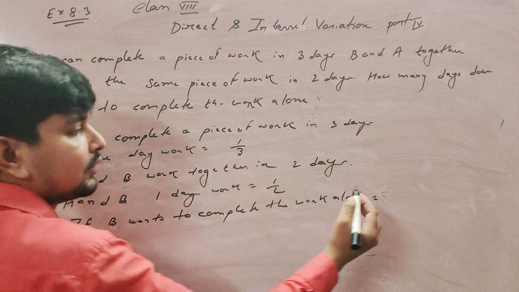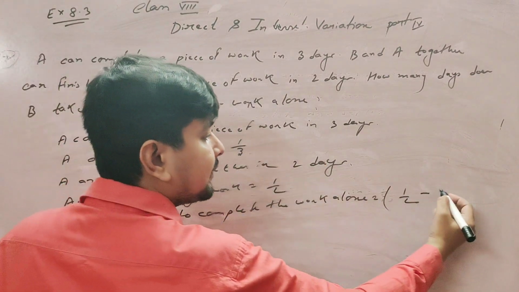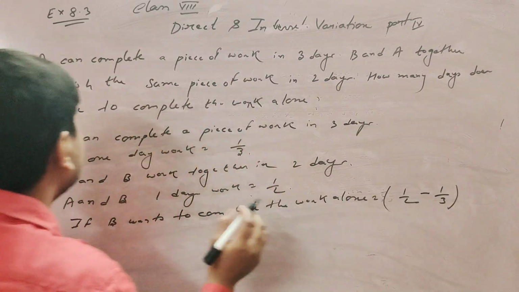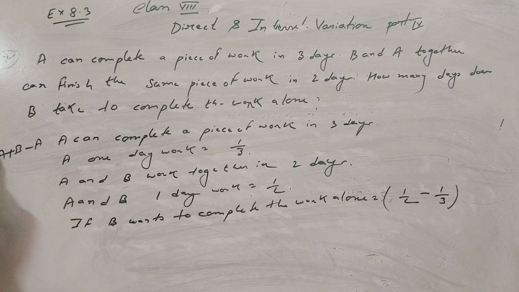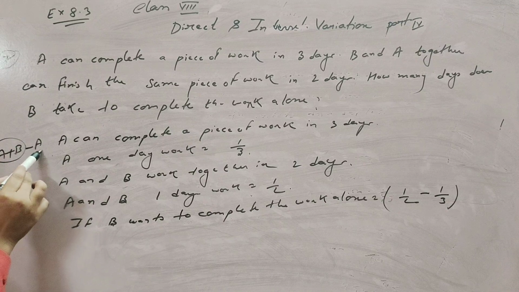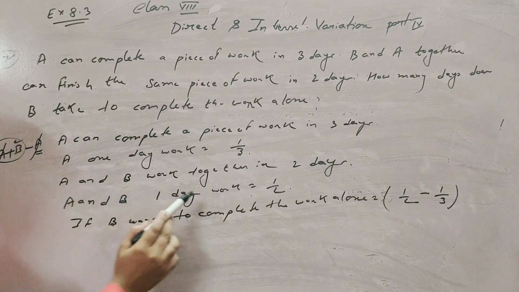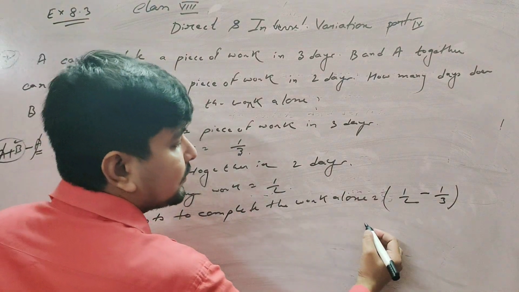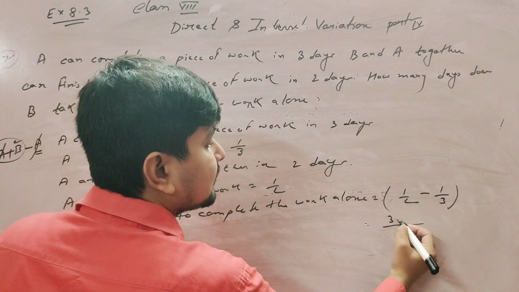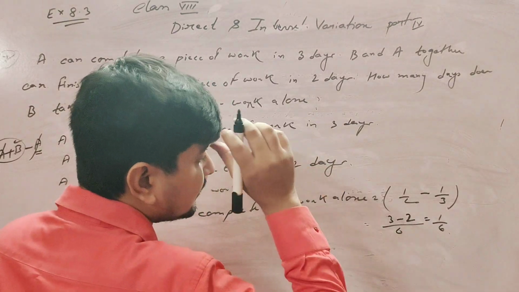From together, if we subtract the single one, that is from A plus B we minus A, because A plus B work together and A does alone. If A cancels, we get B's work. So A and B's 1 day work minus A's 1 day work, 3 minus 2 over 6, that is 1/6.